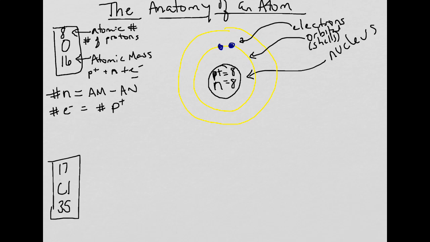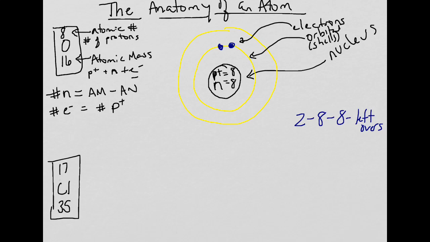And you may recall from the previous video that we fill these shells in a certain order. The first level gets 2, the first shell gets 2, the next shell gets 8, the next shell gets 8, and then, as I say, the fourth shell is going to get the leftovers, which isn't very many for any of the elements that we have to know.